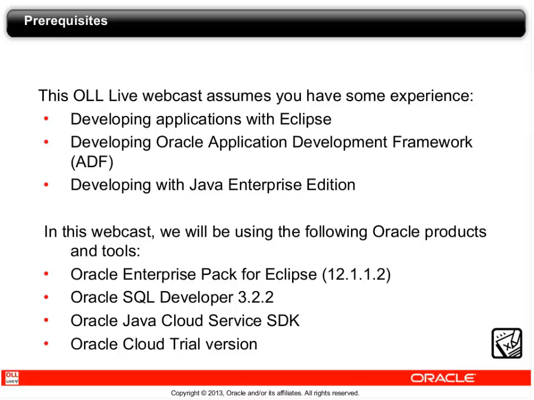I also have installed Oracle SQL Developer, which we'll use a little bit later to copy the local schema from an Oracle database to the Oracle Database Cloud Service. I've also installed the Oracle Java Cloud Service SDK, which is part of a download set required to work with Oracle Java Cloud Service. And then lastly, I have an instance of the Oracle Cloud trial version.